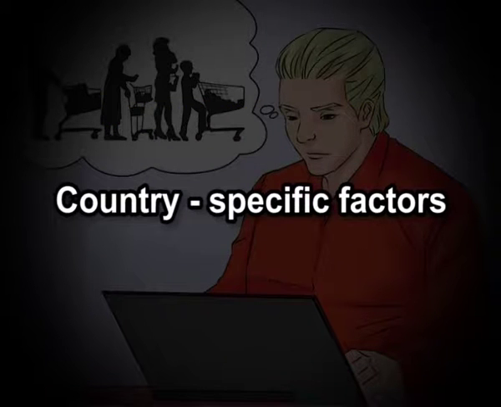The next aspect is country specific factors. So, these factors are actually very similar to international factors. Then how are they different from the international factors? So, the difference is the country specific factors are covering the implication of the economic, legal, cultural factors in the context of specific country.